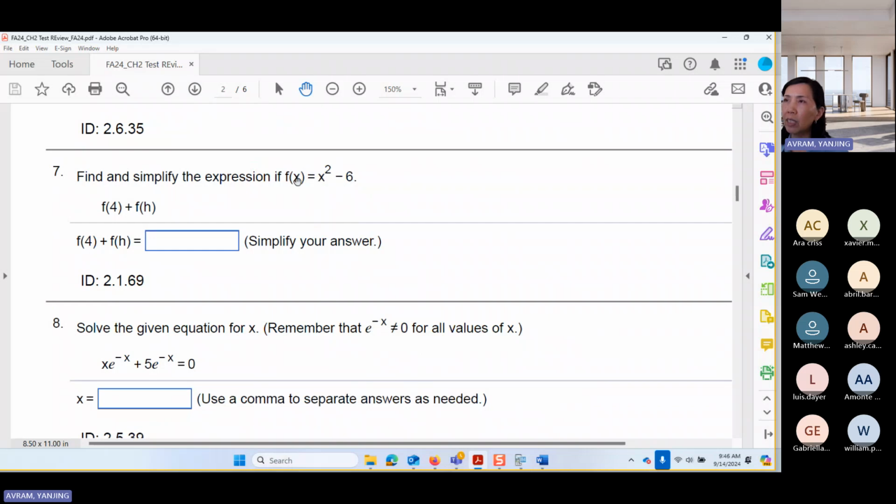Whatever you have an x in this equation, x is a variable, which means x can be changed, right? So the first one, we replace the x by 4, and then calculate this whole thing. The second one, I will replace the x by h, and then this will be just h squared minus 6, and then simplify your answer.